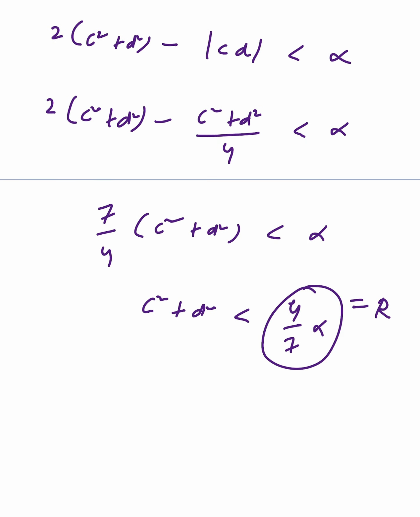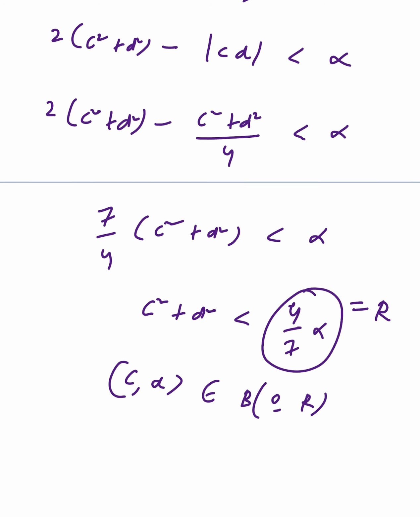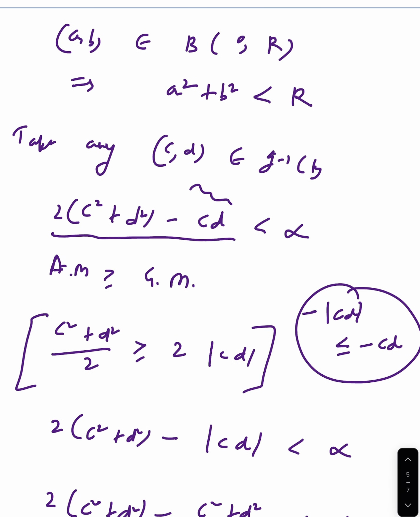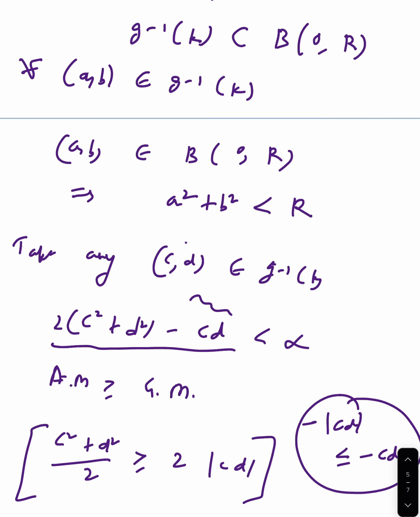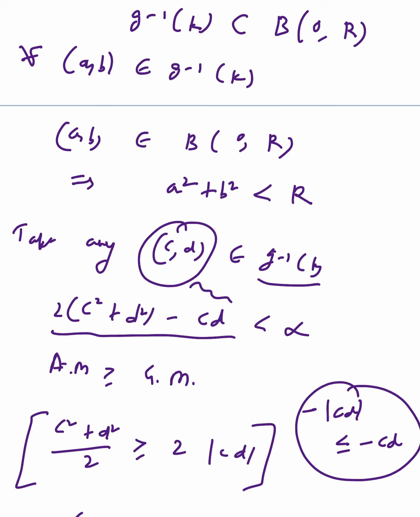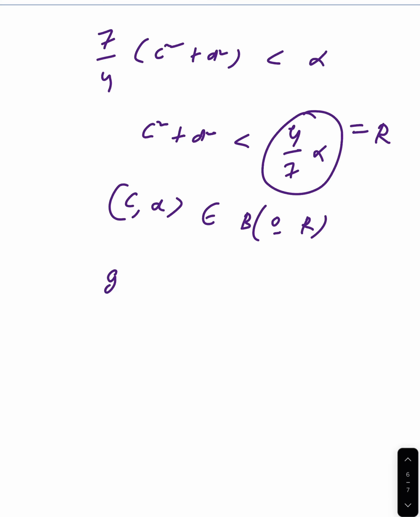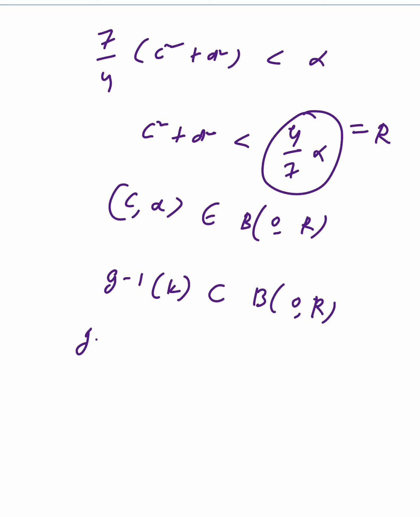So that means (c, d) is inside the ball centered at 0 having radius R. And this is true for any arbitrary point inside g inverse of K. So we can say that g inverse of K lies completely inside B(0, R). So g inverse of K is bounded.